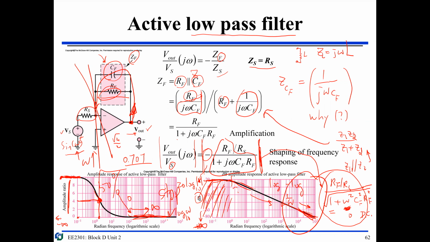If you do the dB, it's 20 log of this guy. Do you know what this value is? 20 log of this one.